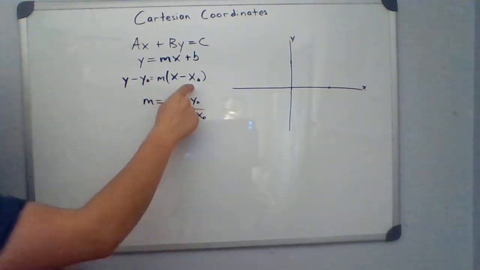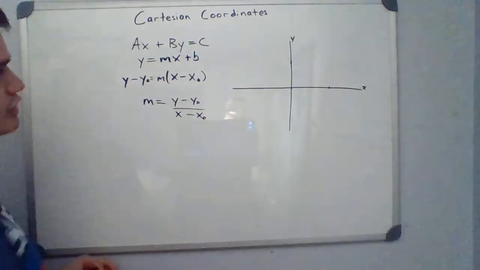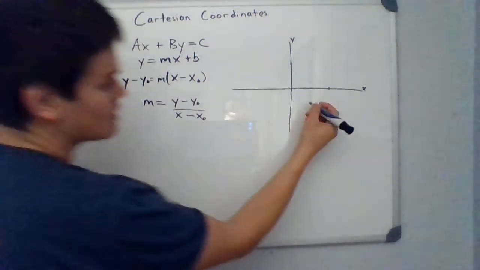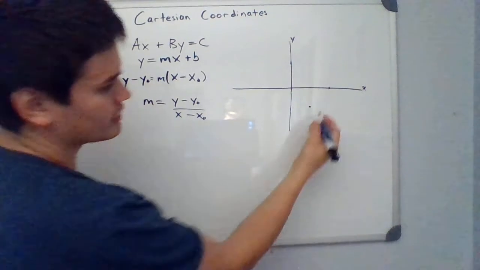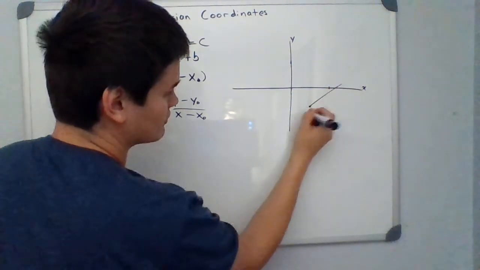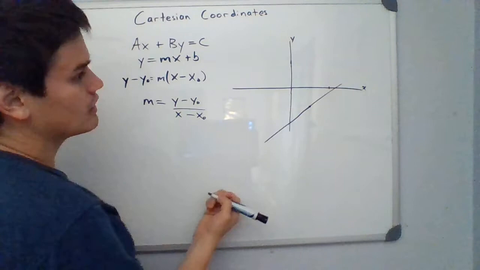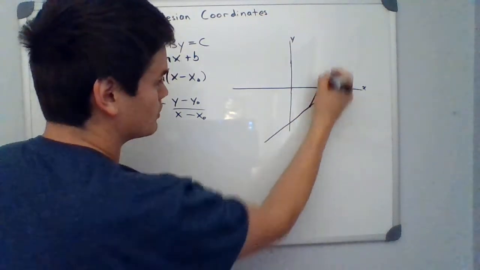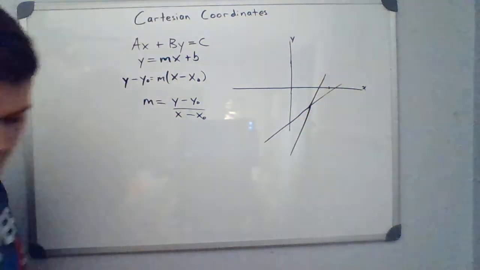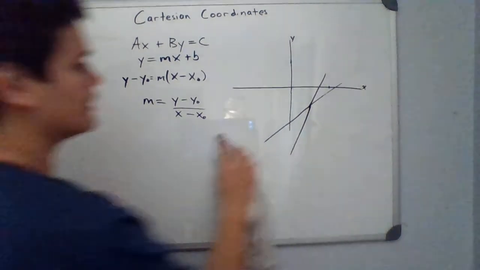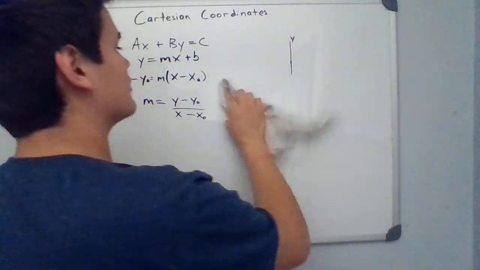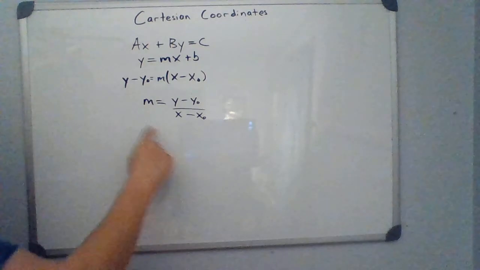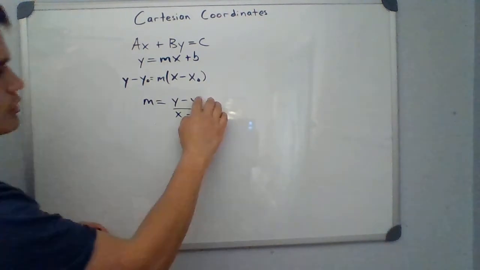So we can construct a line given a point and a slope. And that makes sense. I could take a point on here, and then I say, well, I want a slope of 1. Then I construct the line that way. Or if I wanted a slope of 2, it would look something like that, and so on and so forth. So I like this form because it shows us it's derived from the equation of a slope.